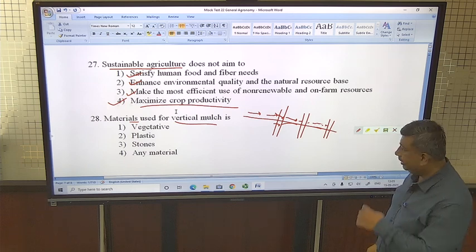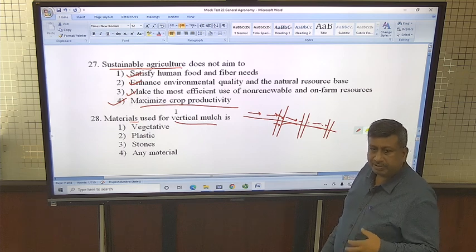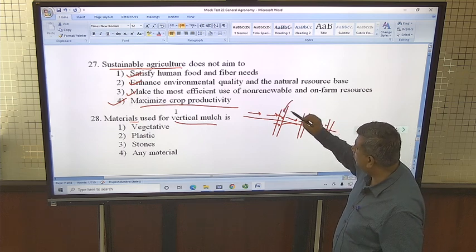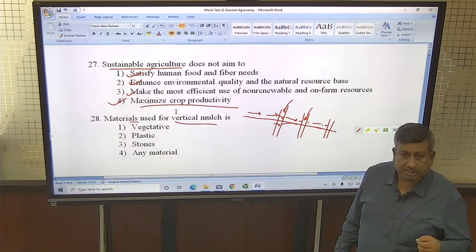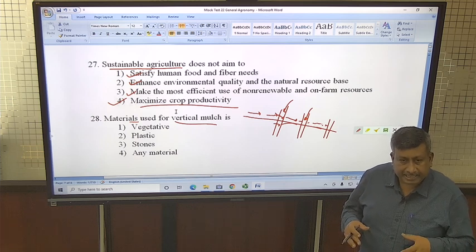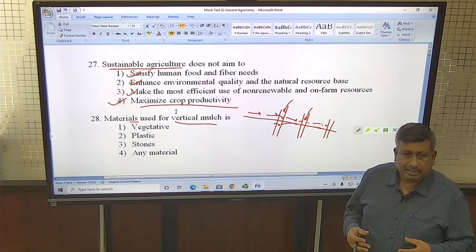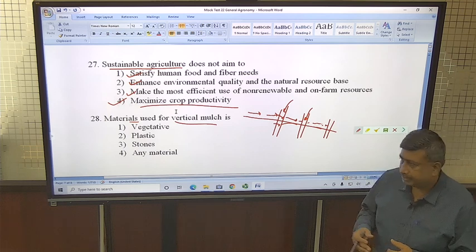To increase the water holding capacity of these trenches, some vegetative material is put into the trenches, like cut shrubs, twigs, branches, leaf material. These are organic material and enhance the water holding capacity owing to organic matter presence.